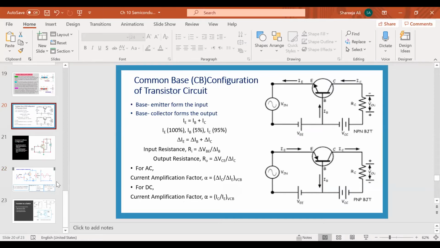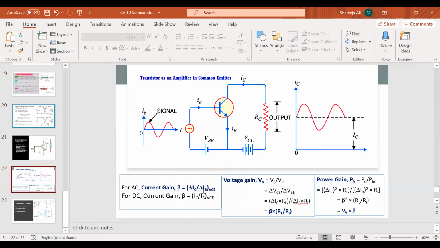While in a common emitter configuration, the current gain is equal to IC by IB, which means IC is much more than IB. So the output current is much more than the input current. So it can act as an amplifier only if it is in the common emitter configuration, not when it is in the common base configuration.